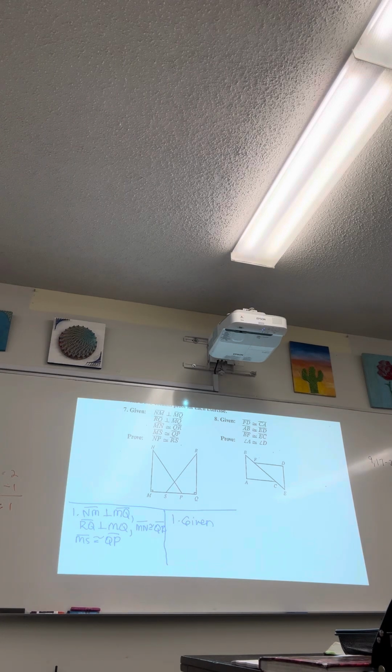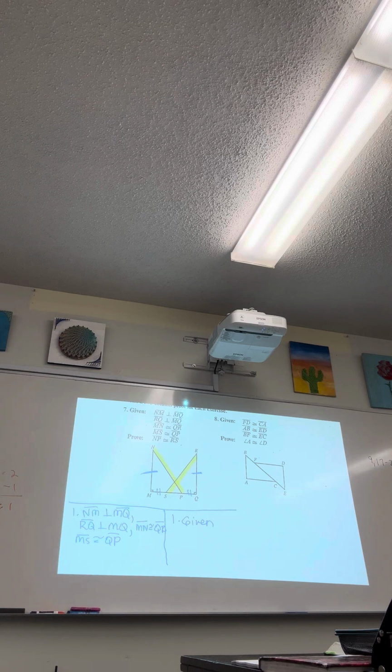My right angles are in there, the perpendicular marks. MN congruent to QR. MS is this little short piece congruent to QP. And somehow I'm trying to prove that these little yellow segment lengths are congruent, right?